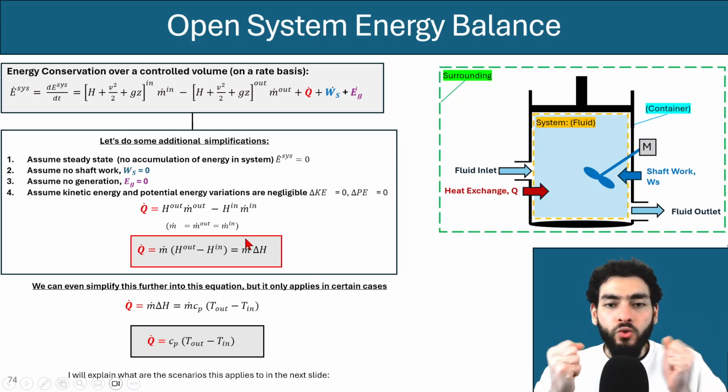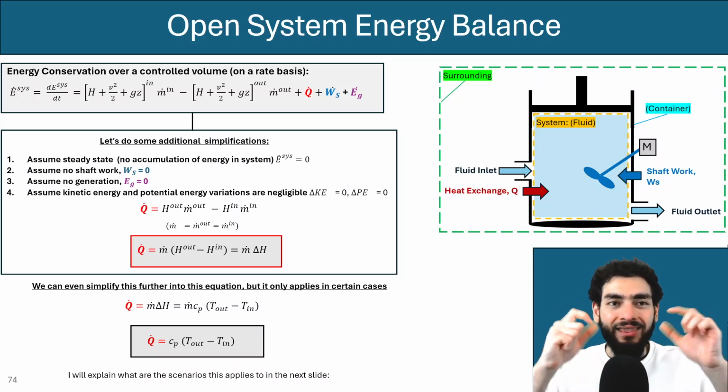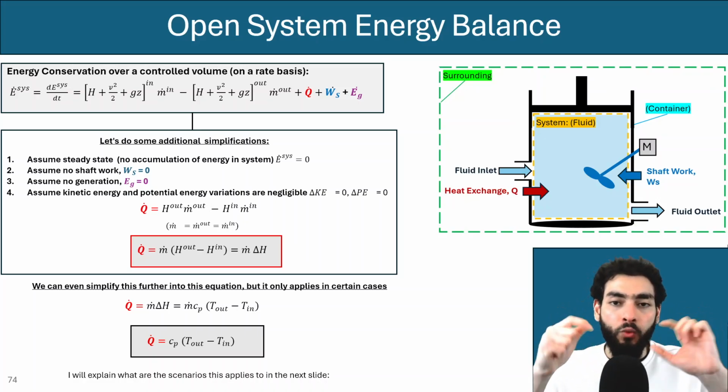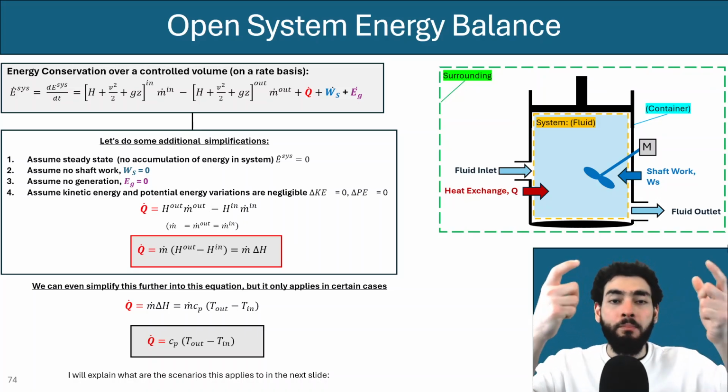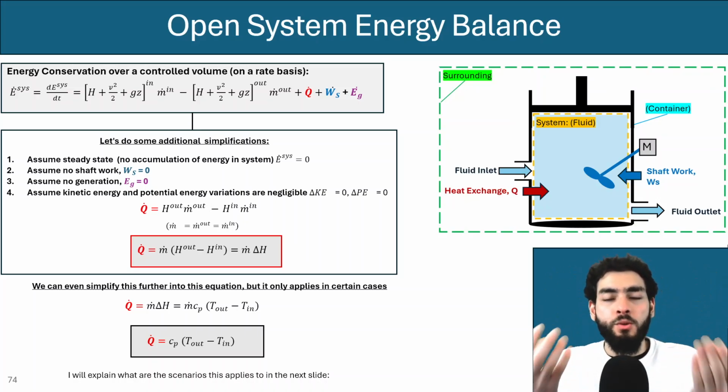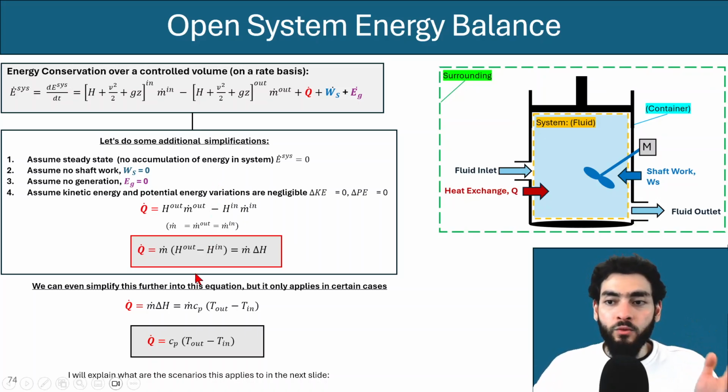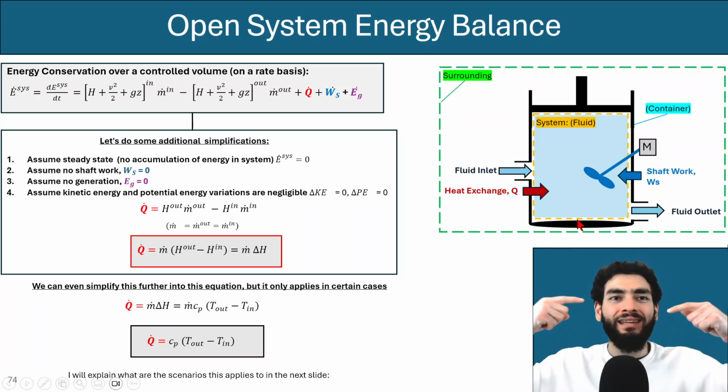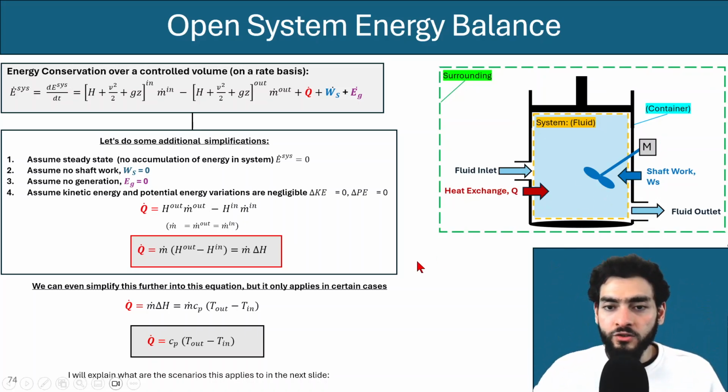So do not get too caught up on the mathematics and the equation as much as I want you to be able to imagine what this equation is trying to represent, and whether or not you actually have a steady state system. Because if you don't have a steady state system, then this equation might not be valid anymore, because the energy within the control volume might be increasing. So you have to be aware of the assumptions that we're making here.